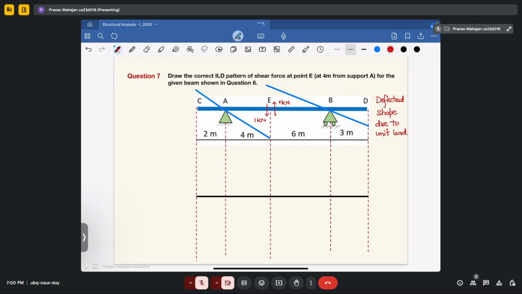Okay, so now if we try to draw the shear force diagram, how will it look like? It will be same as what we have experienced for the deflection profile. That is what we have seen in the first derivation.